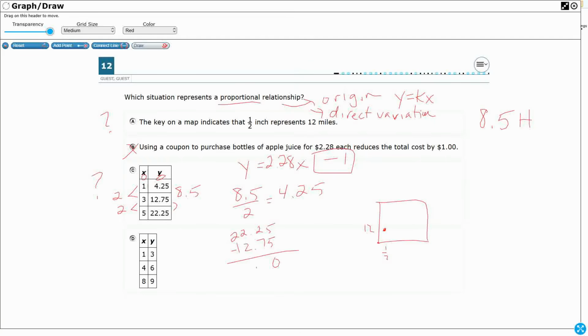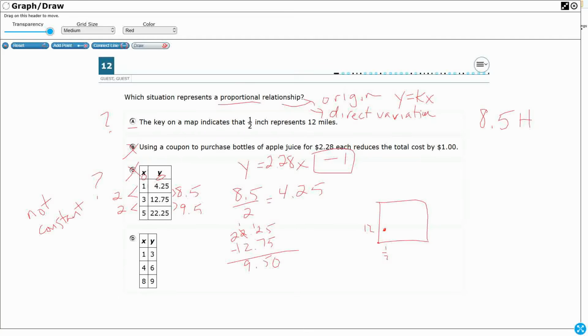Oh, it's 9.5. So it's not a constant rate. It looks like this is acting more like an exponential, where it's increasing or something like that. So we can't use C because they're both a difference of 2 in the x. So you would expect them, if they both had that difference of 8.5 in the y, then that would have been a possible choice. Still wouldn't have made it any easier to choose between that and A.